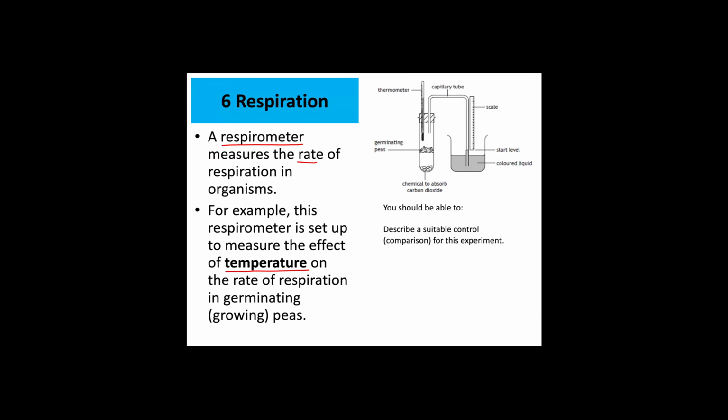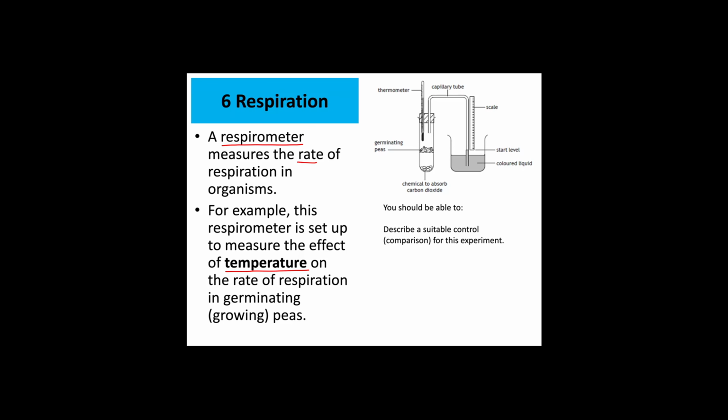Now, how do we measure the rate of respiration in peas? Well, we know one of the products of respiration is the production of carbon dioxide. So what we can do is measure how much the liquid level in this particular one is moving with the amount of gas that is released by this particular germinating pea.